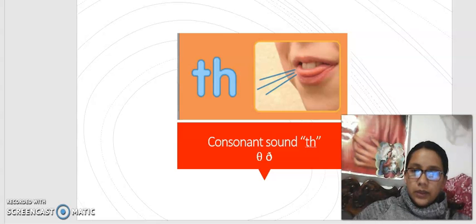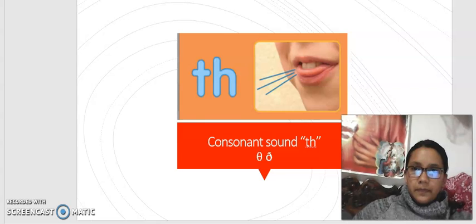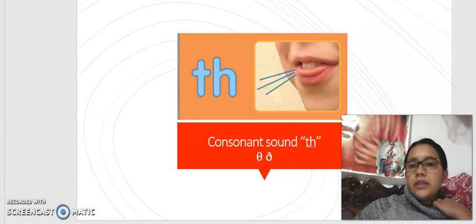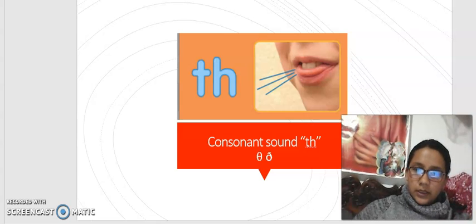And now we are going to talk about the sound th. The th sounds are very difficult when we are learning English pronunciation. But now we are going to talk about the sounds that are written in words in the same form.